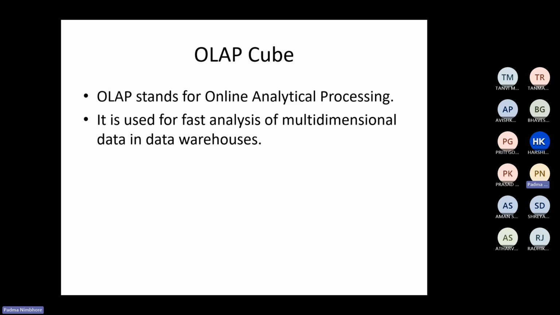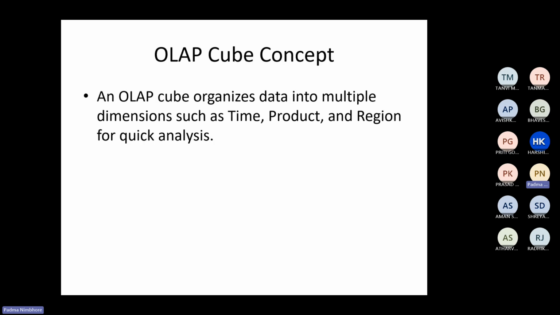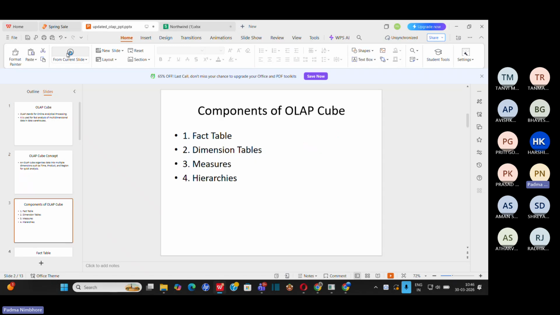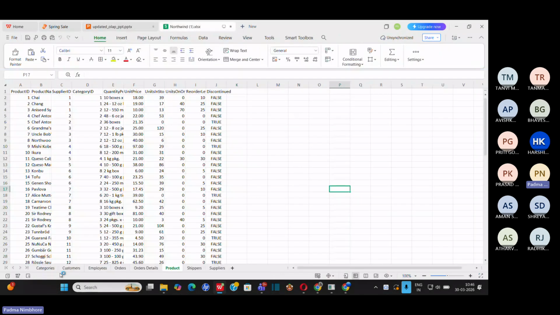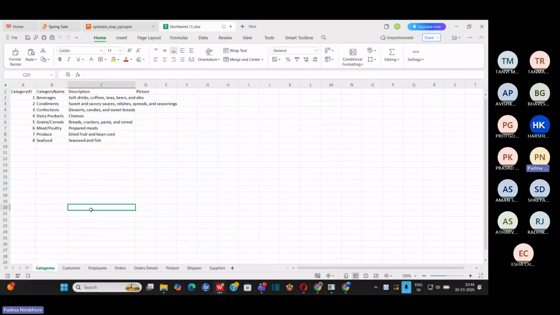And for this purpose, you are analyzing the answer for that fired query through this OLAP cube. Is it okay? Now here again I'll show you one of the data sets, how these components of the OLAP cube are applicable to the data set. There are four components: the fact table, dimension table, measures and hierarchies. Now here you can see in the Northwind data set, suppose you want to fire a query related to the product detail.